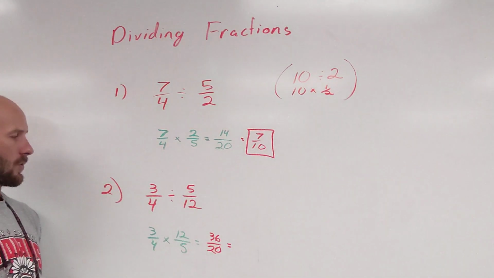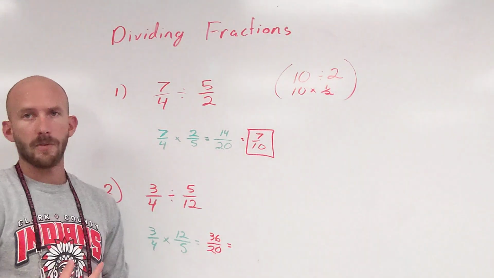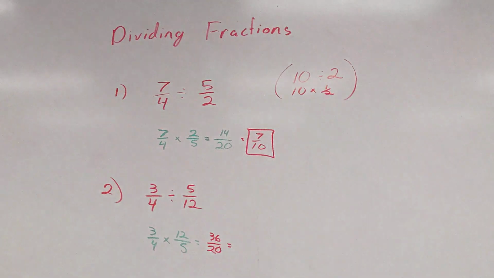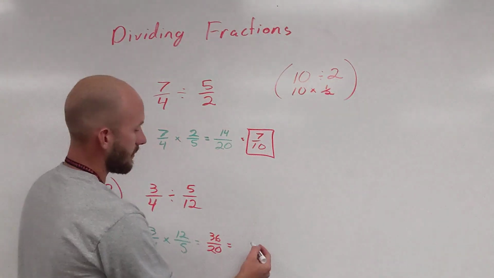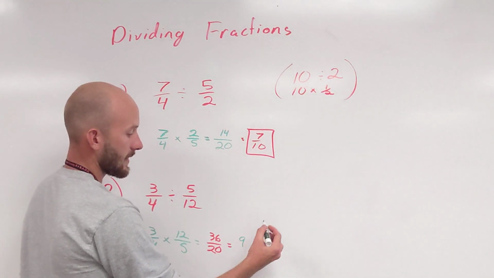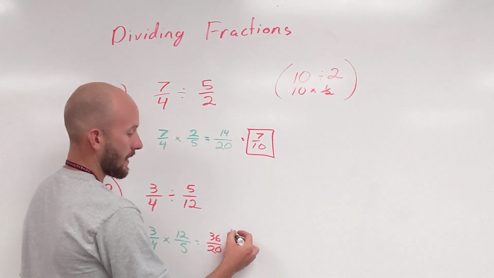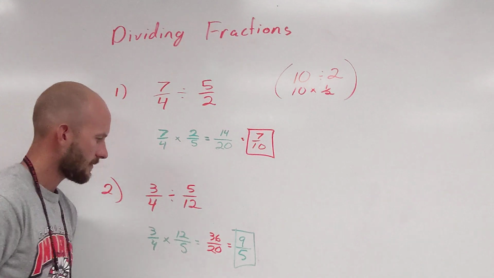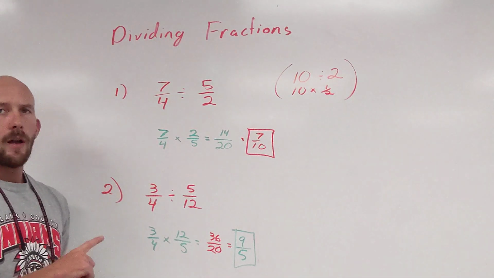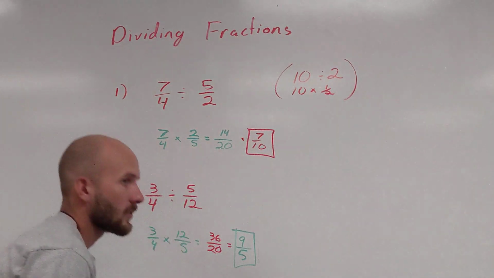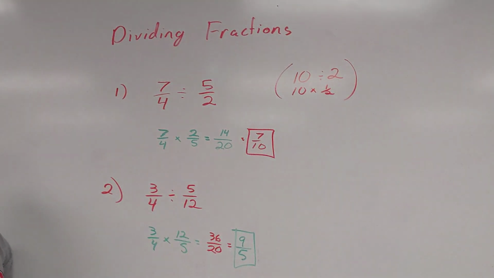And then we have to make sure we reduce it. Those are both divisible by 4. If I divide 36 by 4, it's 9. Divide 20 by 4 is 5. Now, if you can cross cancel to start with, I'm fine if you do that.